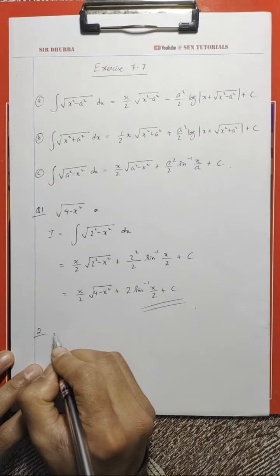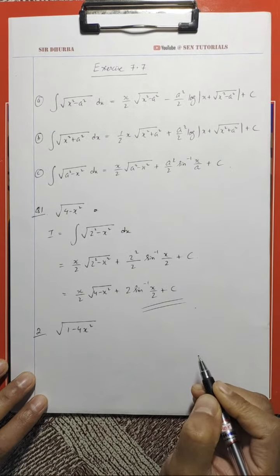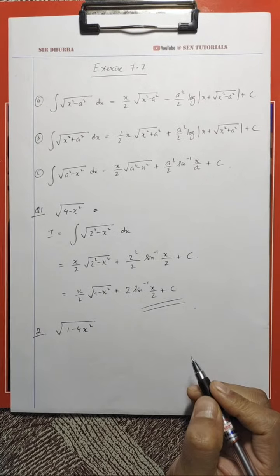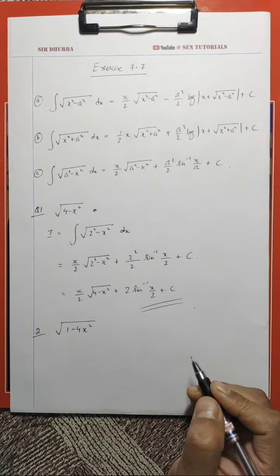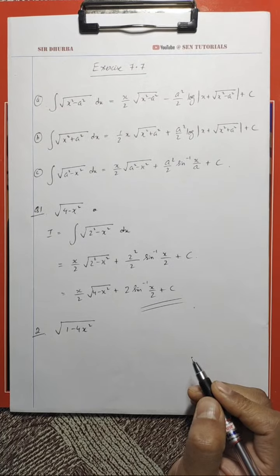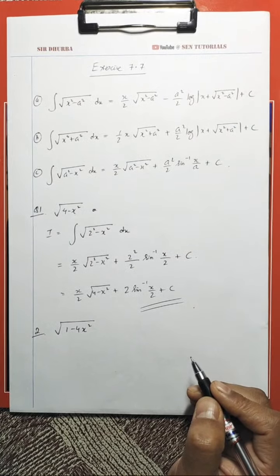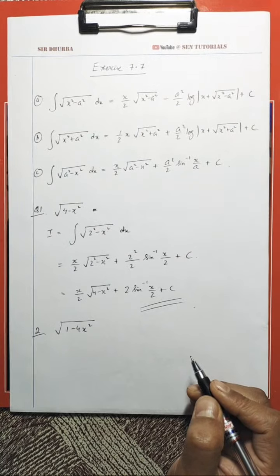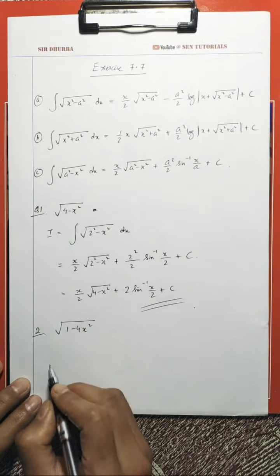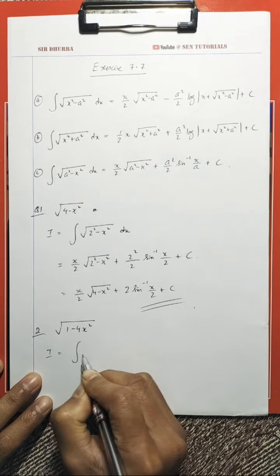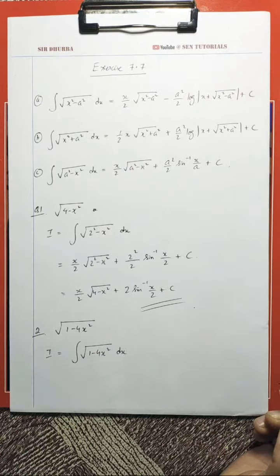Question number 2. Root over of 1 minus 4x square. So integral of root over of 1 minus 4x square with respect to x.